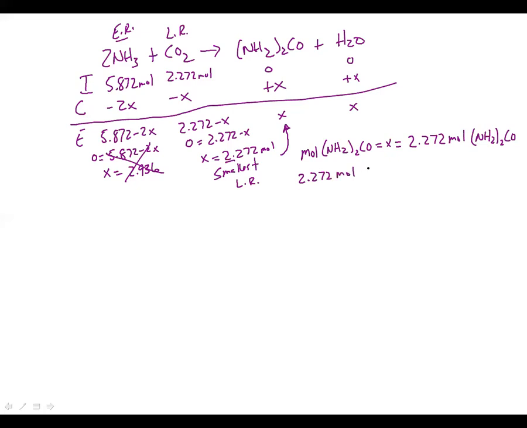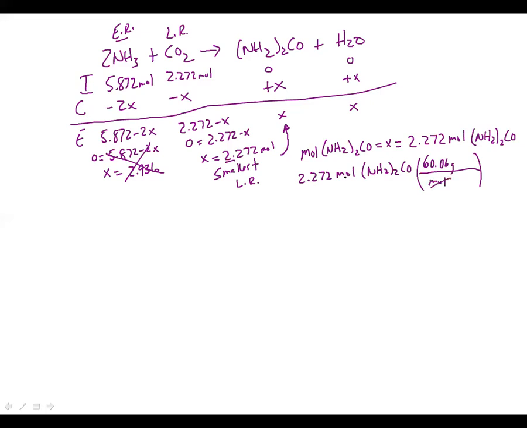So we will have to go back to the periodic table here and get the molar mass of this product. And again, that is 2 nitrogens at 14.01 each. We got 4 hydrogens at 1.008 each. We got 12.01 and 16. Gives us 60.06 from the periodic table.